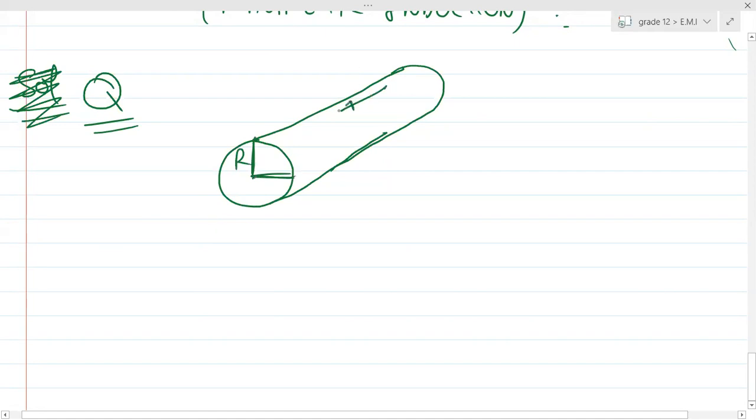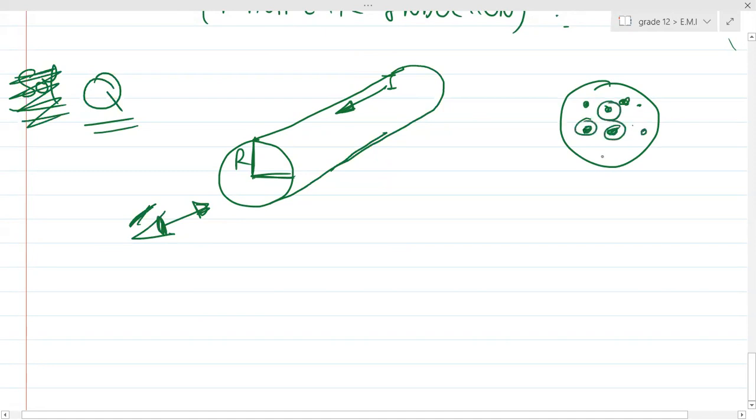Let us say a current I is passing through the cross-sectional area. If you see it from here, the current looks like it is coming out of the surface. Current is coming out and uniformly distributed throughout the area.